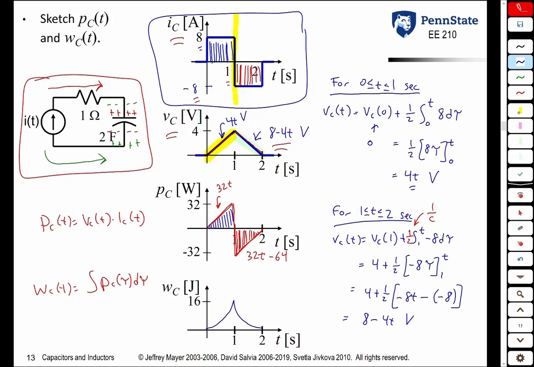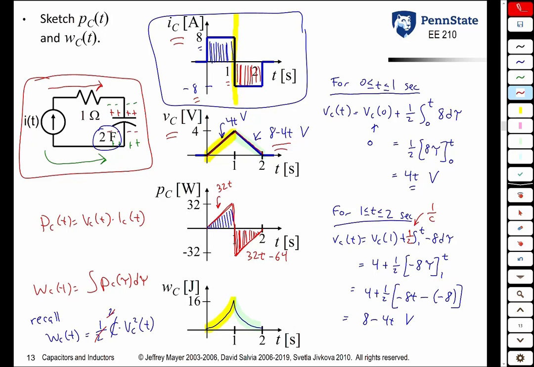To find an expression for that segment and that segment, you can use the fact that the energy stored in a capacitor is equal to 1/2 C times Vc squared. Now in this problem, I purposely chose the capacitor to be 2 to make this math really, really simple. That cancels with the 1/2.